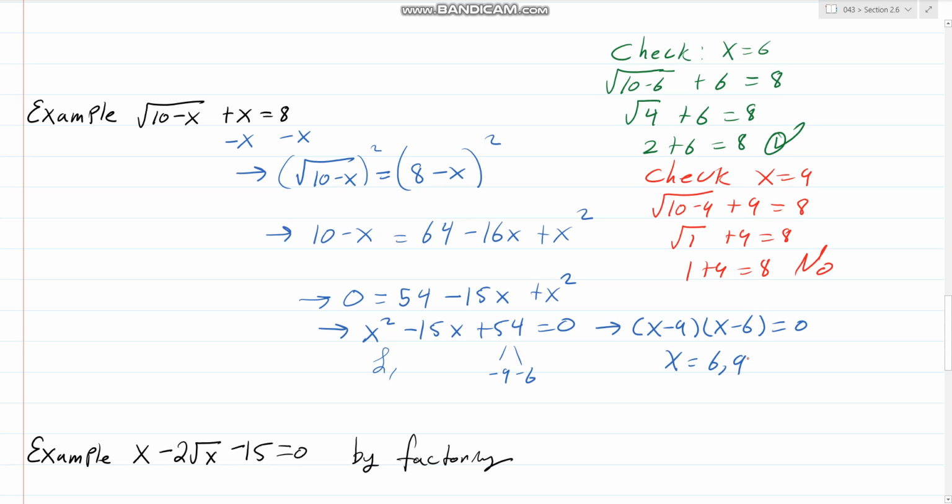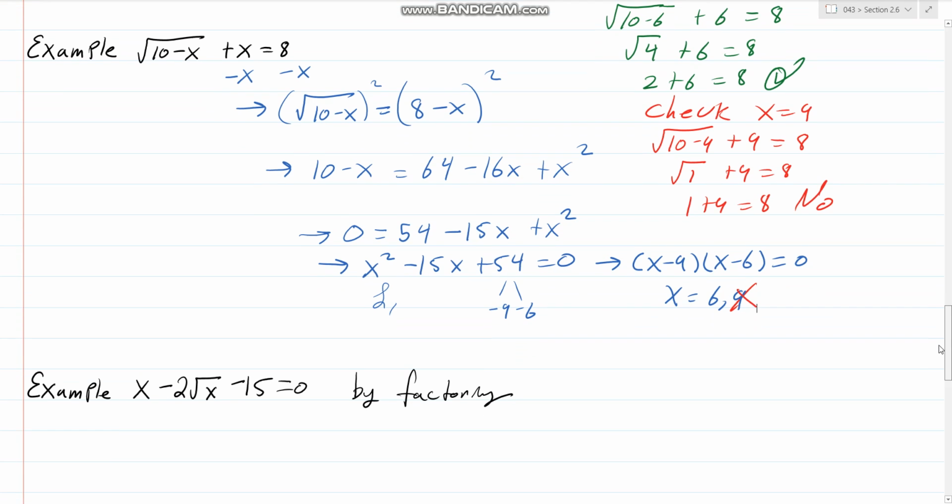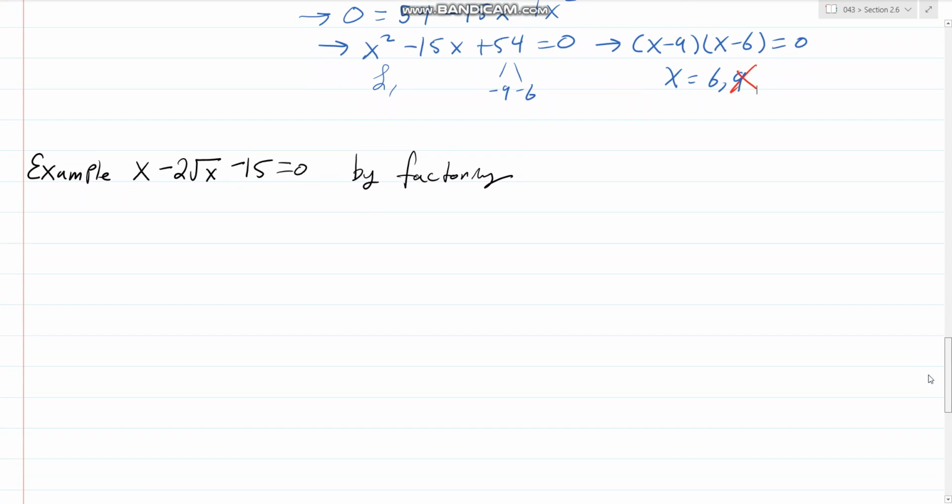So 9, it just didn't work. We got that erroneously because we squared both sides. I mean, we squared both sides to get an answer, but sometimes by doing that, you kind of lose information. And so that's why that's not working. So only one of those worked, and x equals 6 was the correct answer.